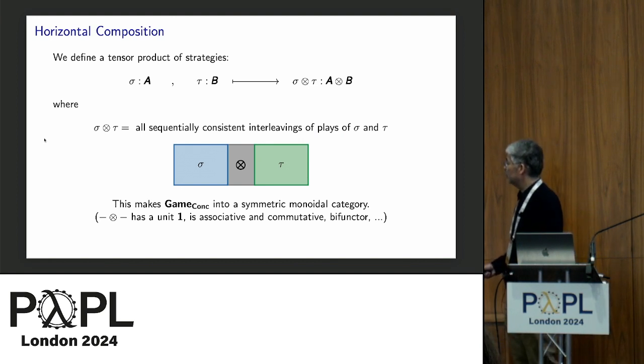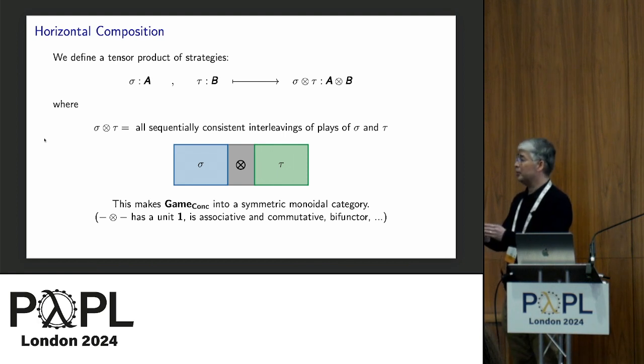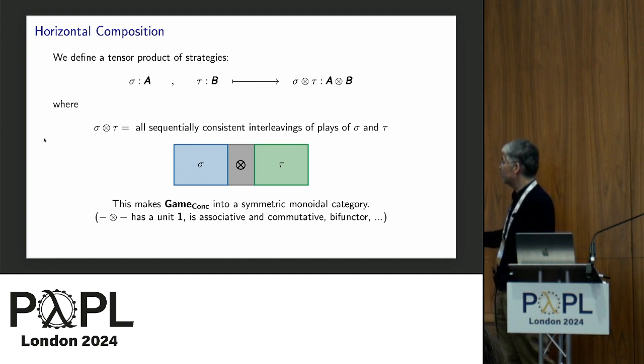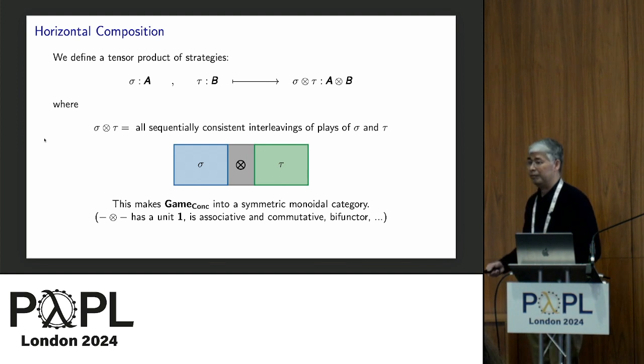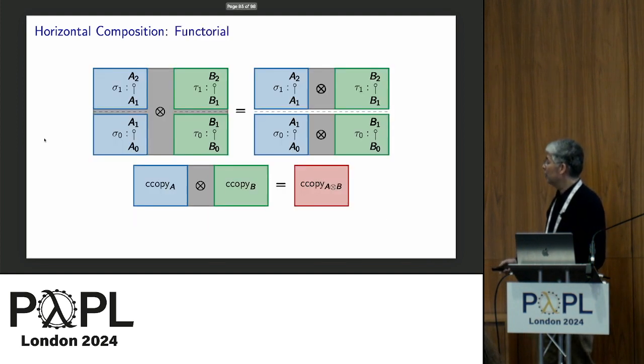And then you can also prove horizontal compositions. The horizontal composition of two concurrent objects is defined as a kind of tensor product of two strategies. So sigma tensor tau is a sequentially consistent interleaving of sigma and tau. And actually, if you add this tensor product, you get a symmetric monoidal category for game semantics.